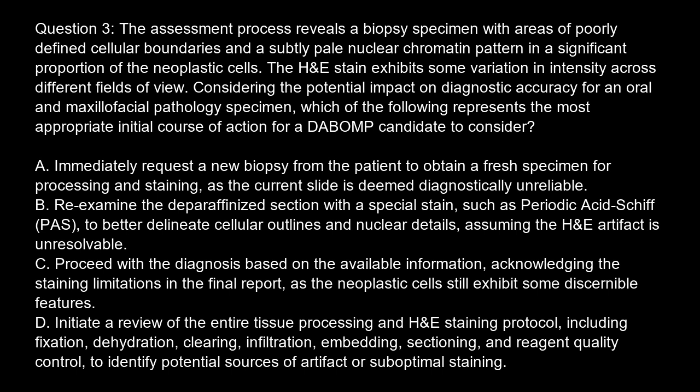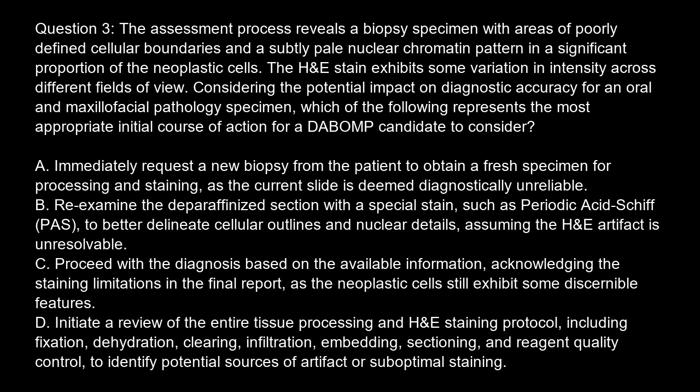Option A. Immediately request a new biopsy from the patient to obtain a fresh specimen for processing and staining, as the current slide is deemed diagnostically unreliable. Option B. Re-examine the deparaffinized section with a special stain, such as periodic acid Schiff (PAS), to better delineate cellular outlines and nuclear details, assuming the H&E artifact is unresolvable.